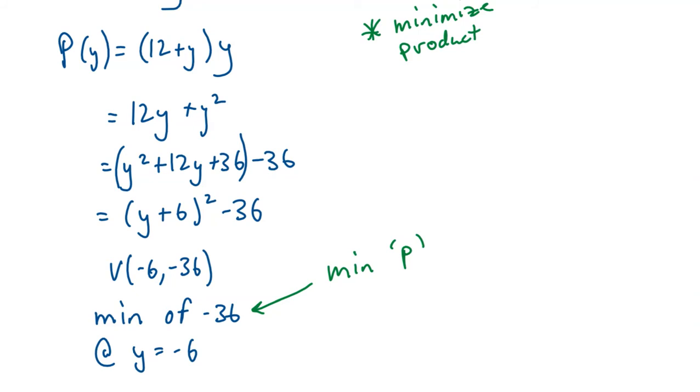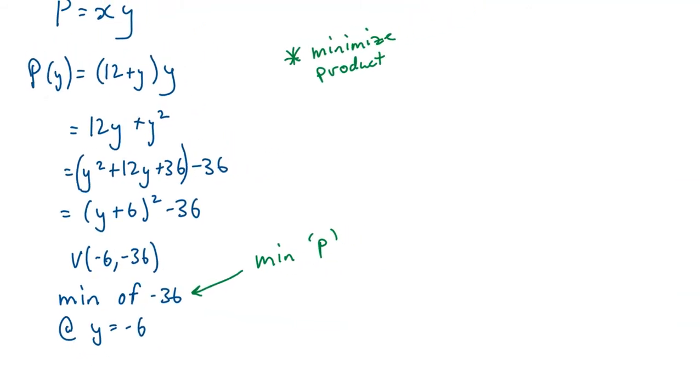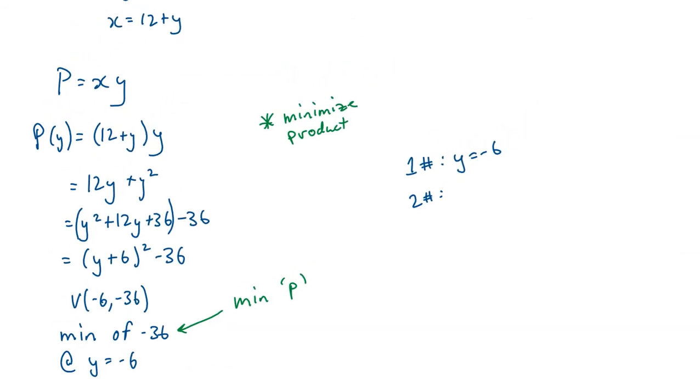We okay with that? Now we have to interpret. So the first number is y equals -6. Second number comes from that x equals 12 plus y.